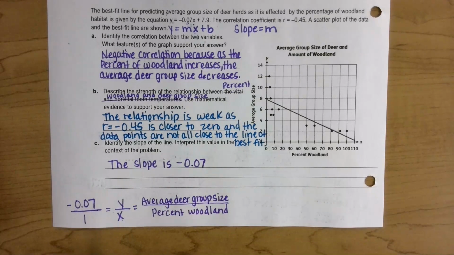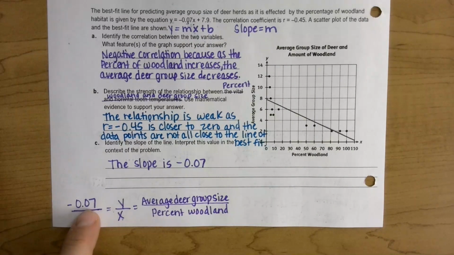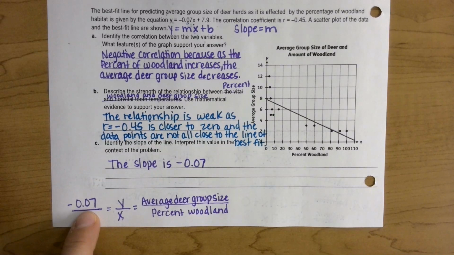So I know that for each 1% increase in the woodland habitat, my average deer group size is decreasing by 0.07. Decreasing is negative, so it's decreasing by 0.07 each time.